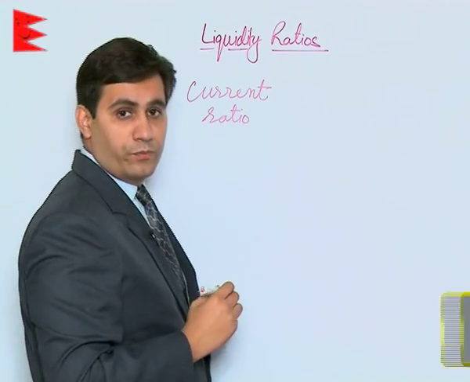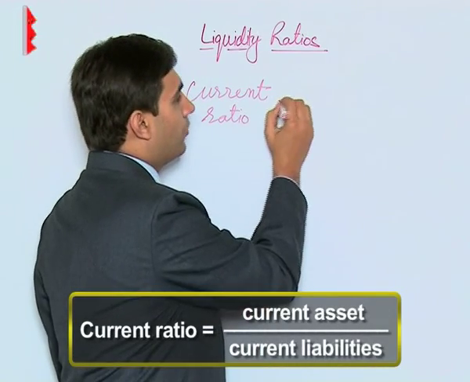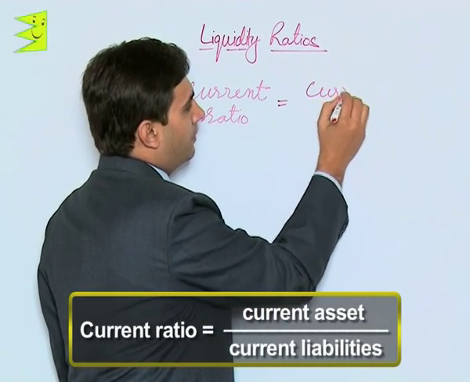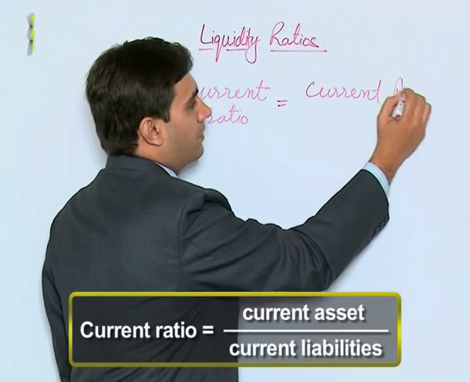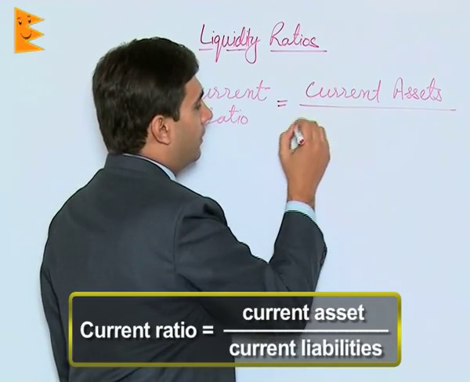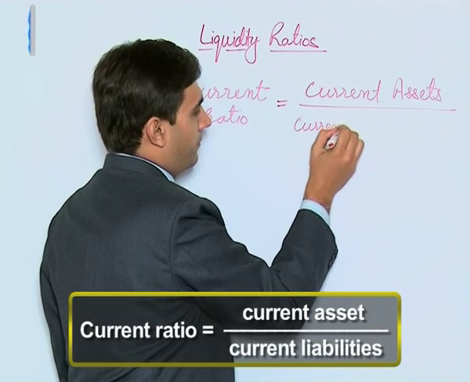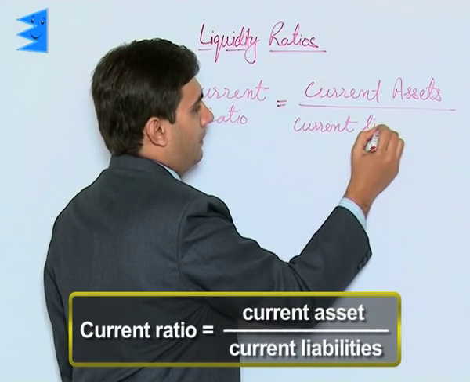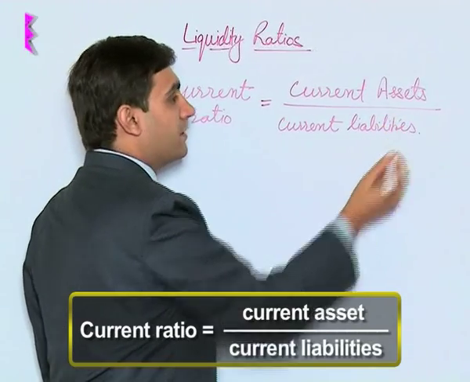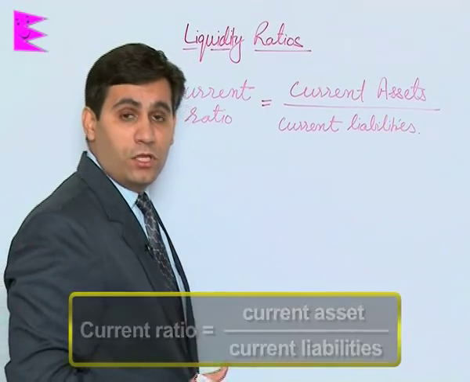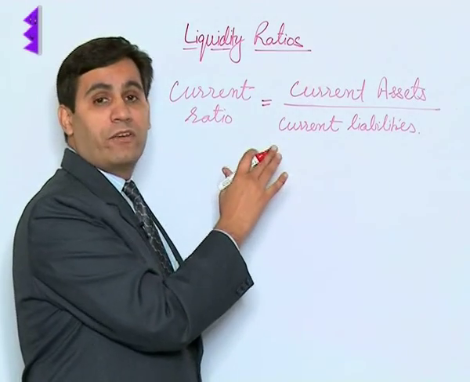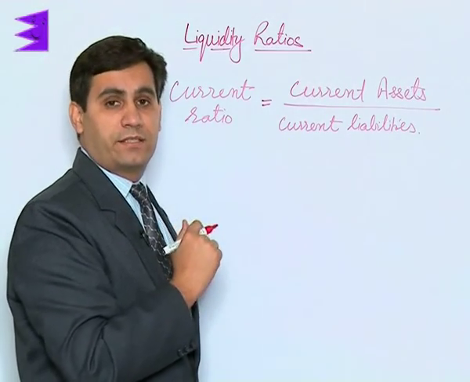What is a current ratio? Current ratio is equal to current assets upon current liabilities. That is, it gives a clear indication of how many times our current liabilities are covered by our current assets.